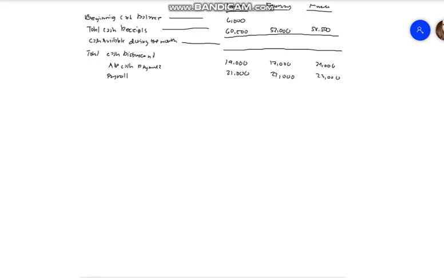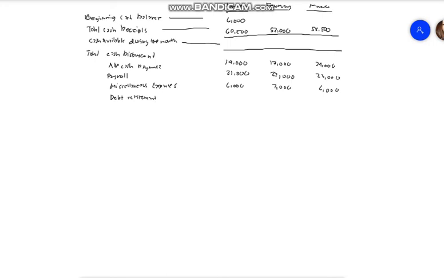And then miscellaneous expenses. That's 6,000 for January, 7,000 for February, and 6,000 for March. We'll also include the debt retirement.